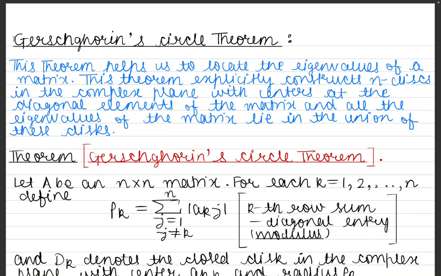As we know, an important tool in eigenvalue approximation is the ability to locate the eigenvalues. For example, in the last class, we discussed the power method, and the aim of that method was to find the dominant eigenvalue.